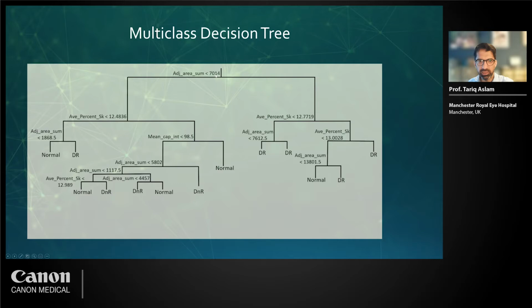So here we can see it first looked at the areas adjacent to the fovea, and then it looked, for example, at the average skeletonization, and then it looked at things like mean capillary intensity. And finally, you get from the different decision tree branches down to a diagnosis of normal or diabetic.